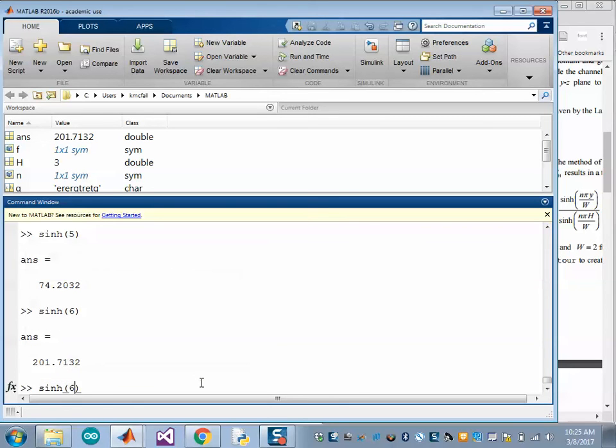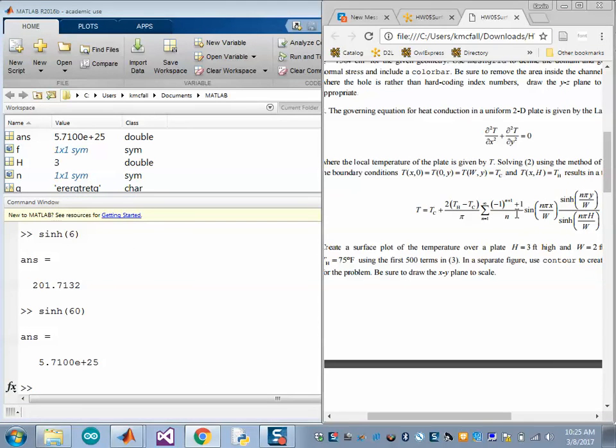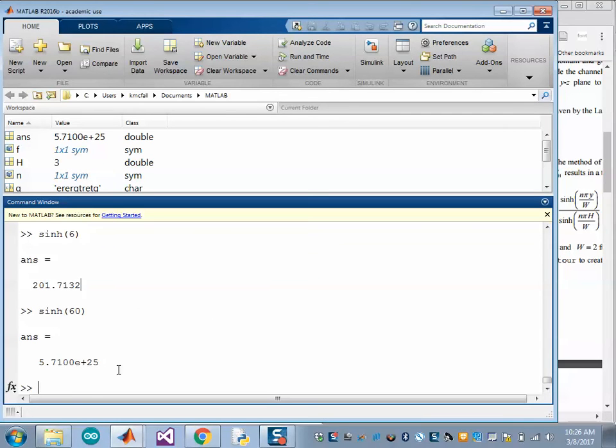So obviously hyperbolic sine of 60 is ridiculously big. And you'll notice in this equation that n has to go to infinity. This is an infinite sum. I'm supposed to make n go to infinity. So n in this equation, f, can get quite big.